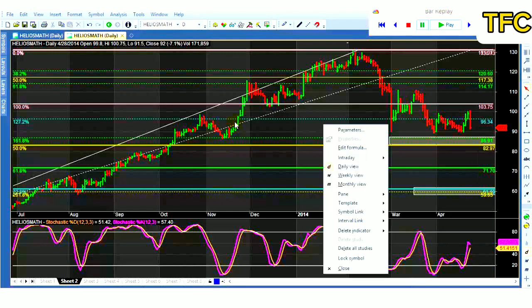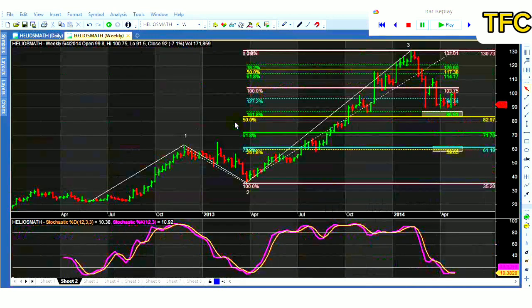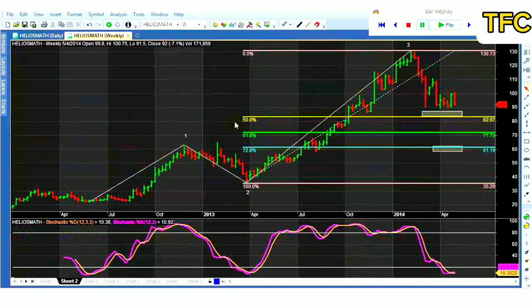Let's see what happened on the weekly chart. As of the last bar, I'll clear some of these. Okay. As of the last bar, you can see momentum has reached the oversold zone, suggesting that downside is limited. Prices have found support just above our level, the box that we had created.